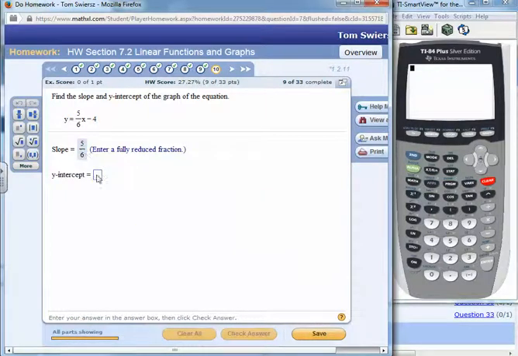And the y-intercept we said was a negative 4. All right, very good.